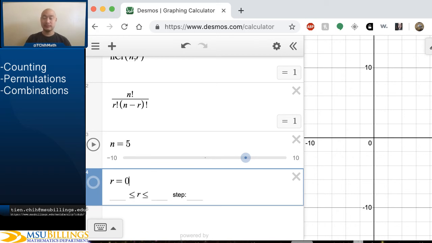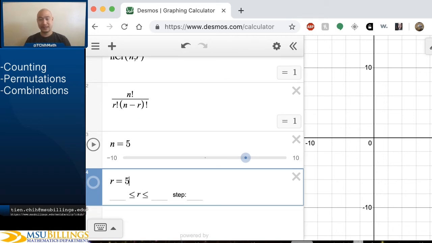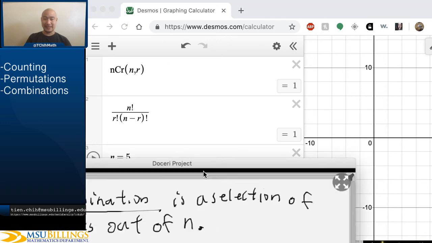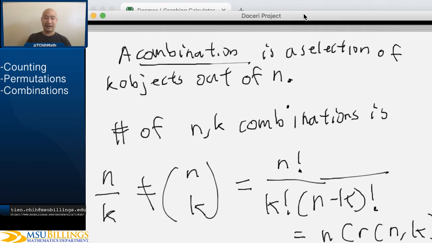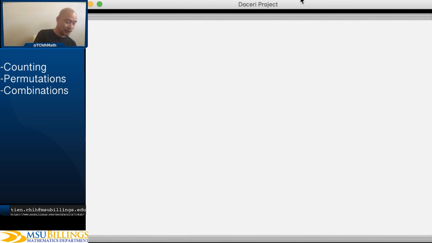n choose 0. Again, if I have 5 objects and I'm not going to pick any of them, there's only one way to do that. 5 choose 5. Well, if I have 5 objects and I'm going to pick all 5 of them, then there's only one way to do that. I pick all 5 of them. All right. And so that gets us to one of our identities, and it's the only one I'm going to talk about.